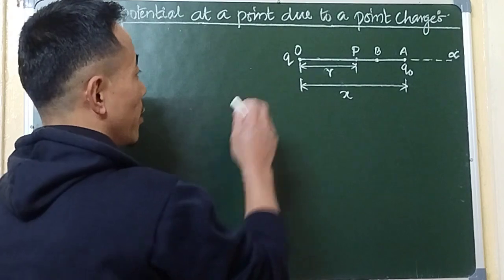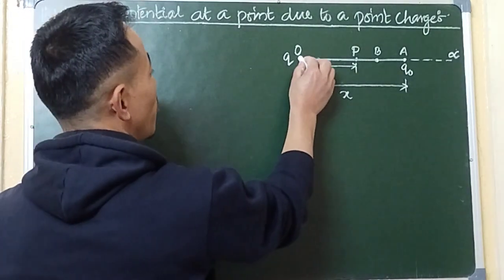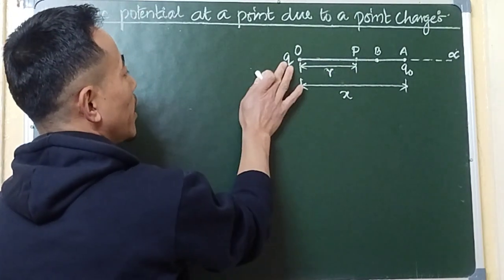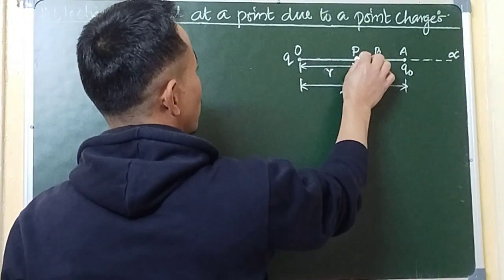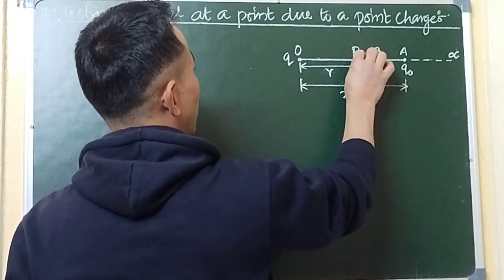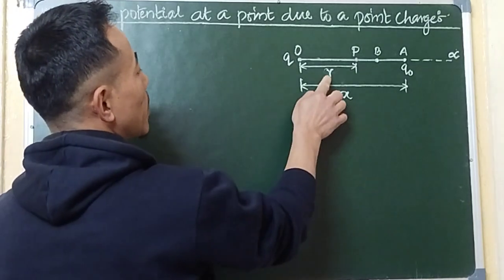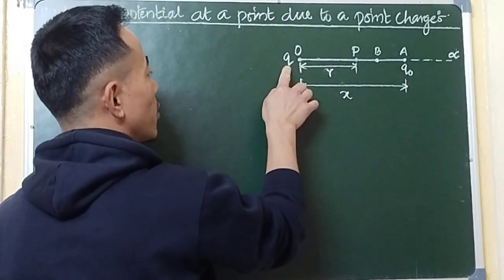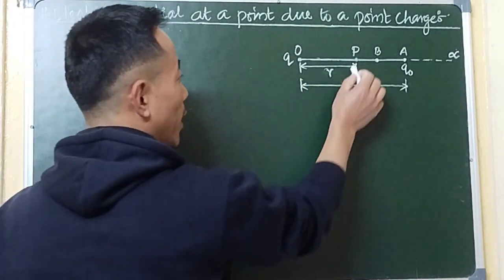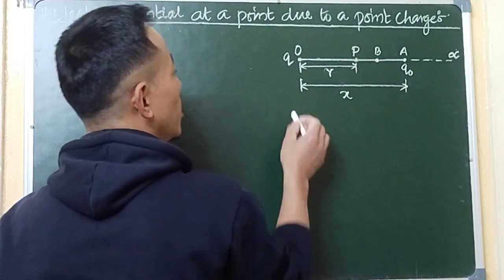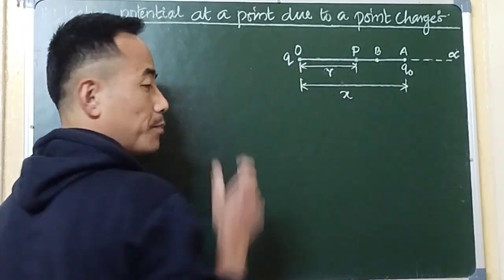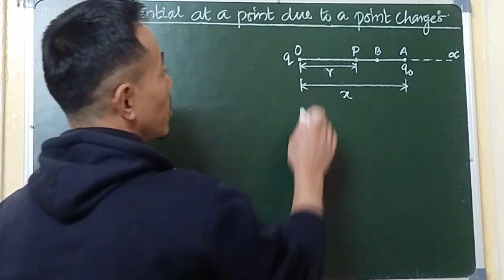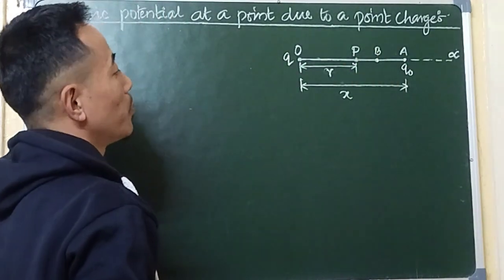So here in this diagram you can see at this point O, we have a charge Q, and we are supposed to calculate the potential at this point P, which is at a distance of R from this charge Q. So we are finding the potential at the point P due to this charge Q, which is at a distance of R. And along the same straight line, we are taking other points.